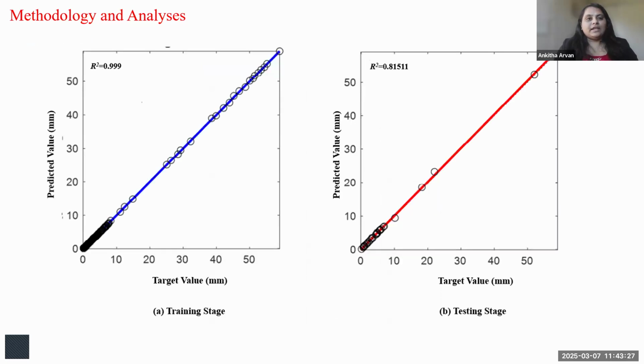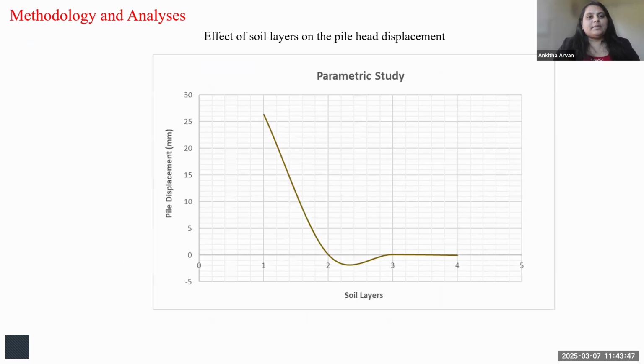And then I did get a good correlation in this case, but one reason could be that there was not too much data, and whatever data had been used for the training and testing correlated well, with a good correlation factor, as you see. Then I did some parametric studies to understand the effect of soil layers on pile displacement response.